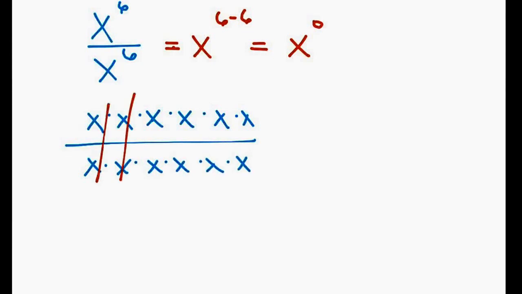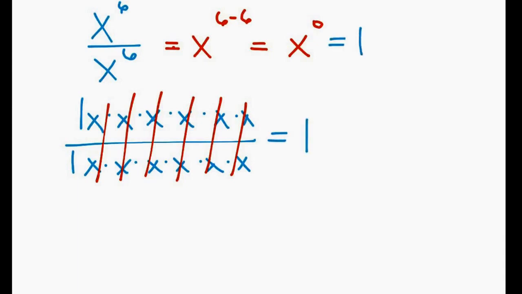And then I do my canceling. But we said just a moment ago, you need to remember that there really is a coefficient, isn't there? And that coefficient is 1. So when everything cancels, you're not left with 0. You're left with 1. So x to the 0 power must be 1.